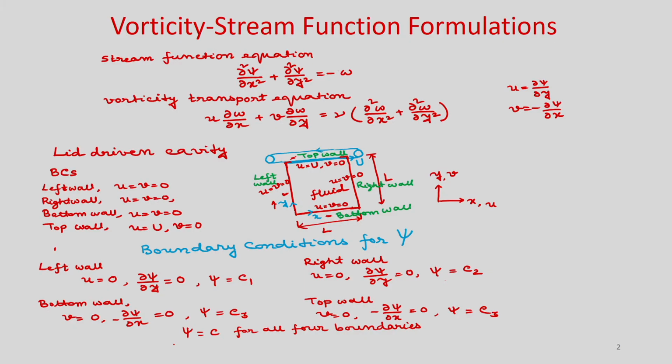So, we are considering ψ is equal to 0 for all 4 boundaries, because it does not matter, you can take any constant. It will not affect your solution. So, we are considering the stream function value on the walls as 0 and accordingly your stream function value will be there at the interior points.